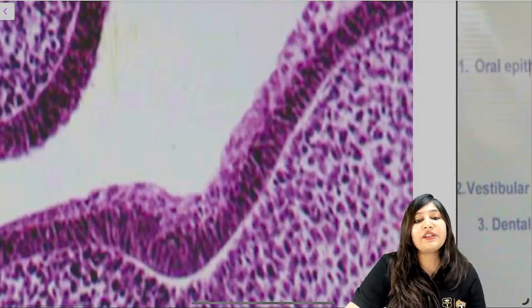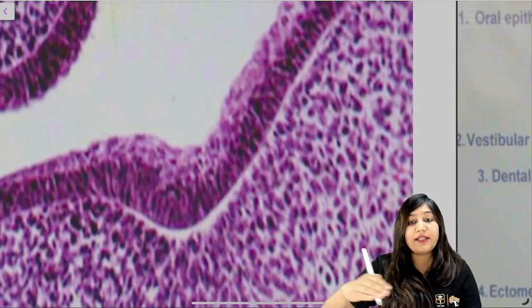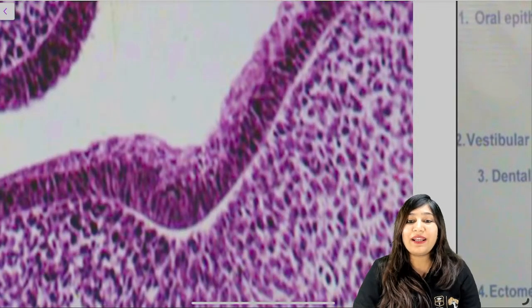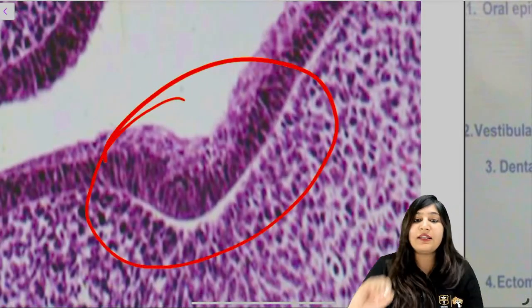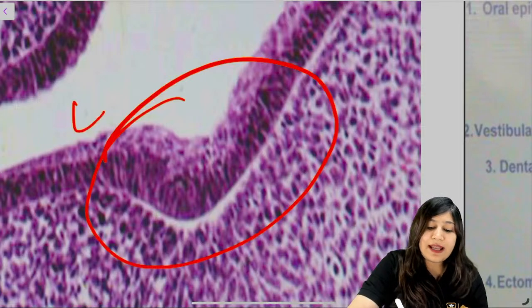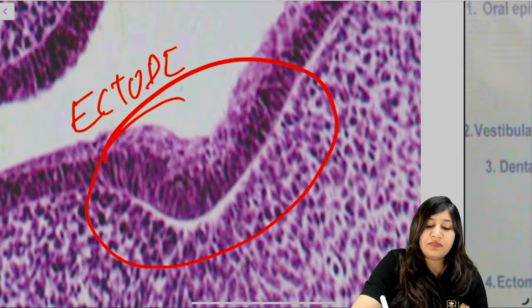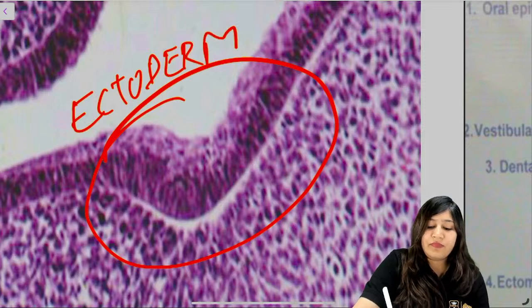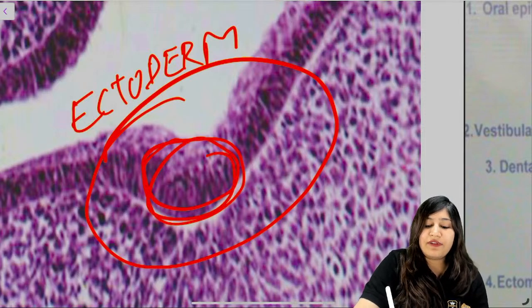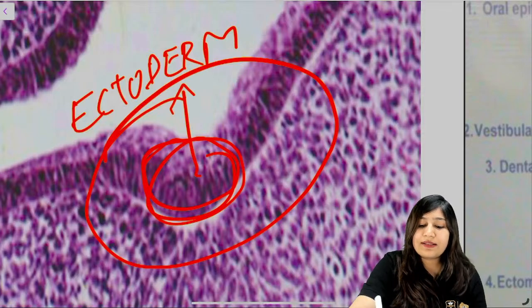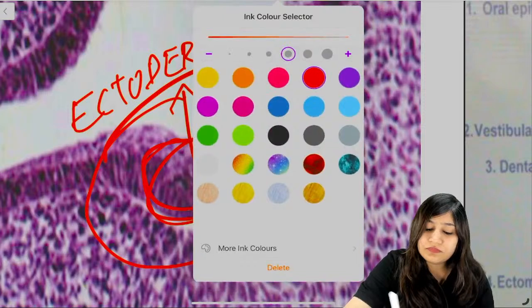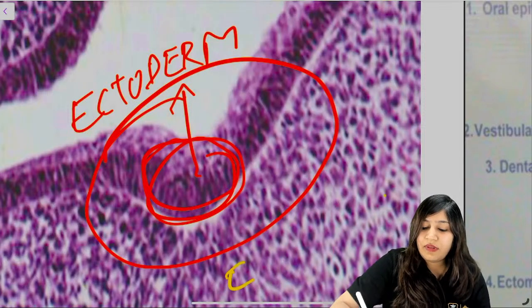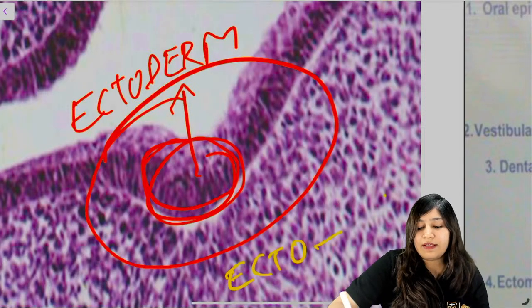In this diagram, we can easily appreciate the thickening of our primary epithelial band, right? This is thickened ectoderm. This is ectodermal portion. This portion is our ectoderm, and this is our ectomesenchyme.